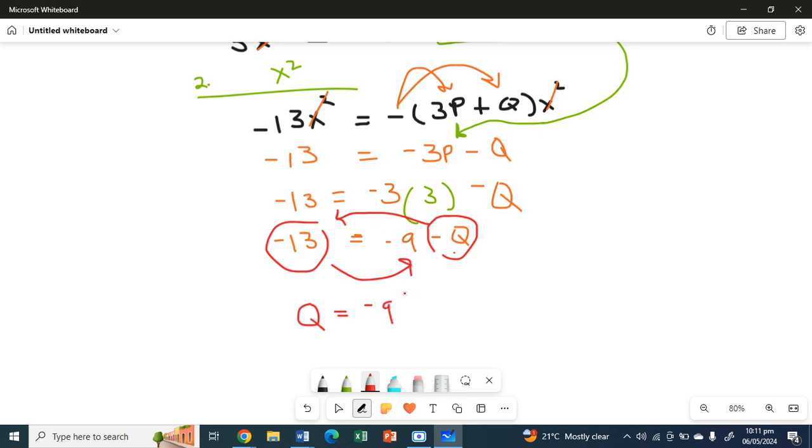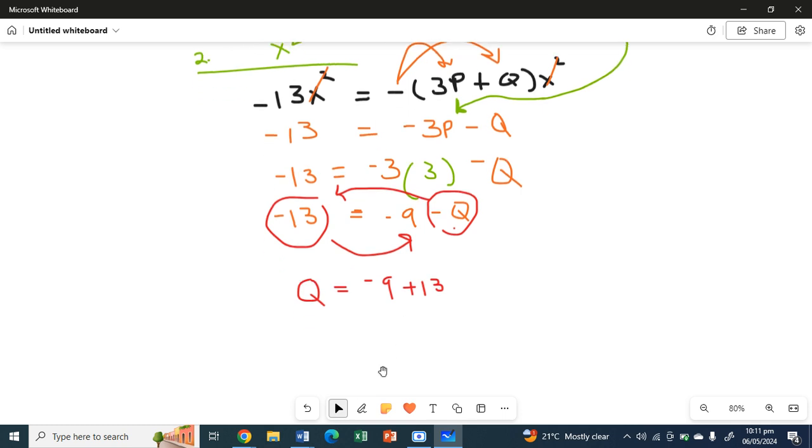Then when you take the negative 13 over the equal sign, plus 13. So negative 9 plus 13, that should be 4. So q equals 4. Any questions?